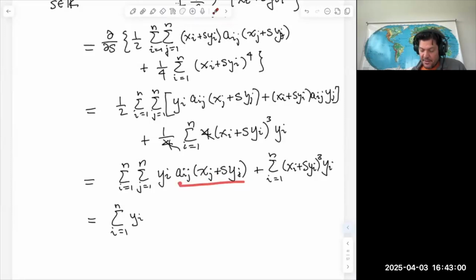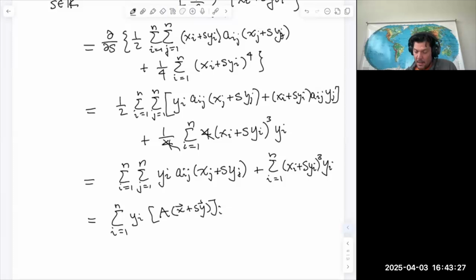That's a matrix, right? Times, well, this is a vector ultimately. So I could just say it's the ith component of a certain vector, namely the vector A x plus s y, and the ith component.